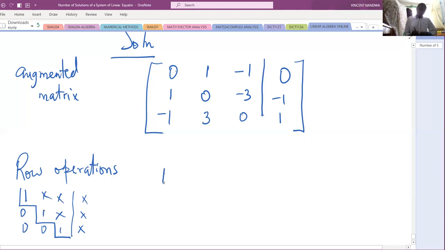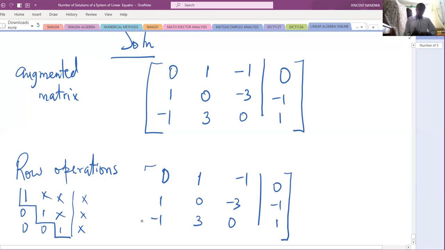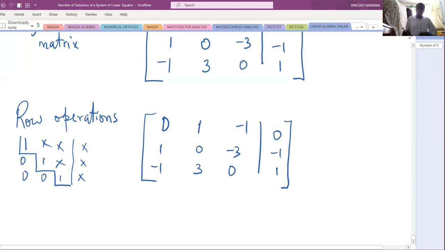So 0, 1, 1, 0, minus 3, minus 1, minus 1, 3, 0, 1. So we say row 1 to be interchanged with row 2, and then row 2 to be interchanged with row 1, and we keep row 3 to be row 3.